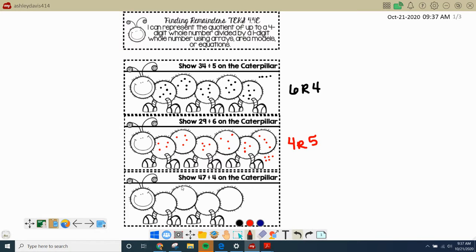All right, so you should have done this one on your own, so let's check it. We're doing 47 divided by 4, seeing how many groups of 4 we can get out of 47.